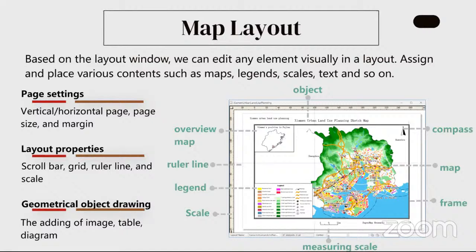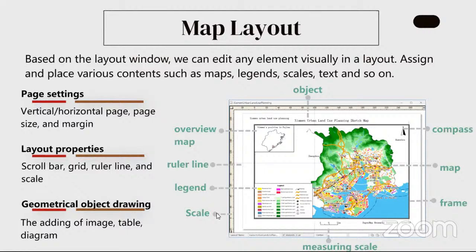We can also place them based on the layout or type of map that we want to do. As you can see in the figure, there is an object here, which is a text, the compass here, the map frame, the measuring scales, the legend, the map overview, and so on that can be put in your map.